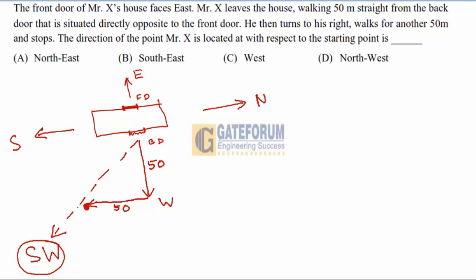That means he turns south. Oh no, this is where I make the mistake. No, no, no, no. If this is east and this is west, then this is north. My apologies. And this is south. So obviously, this would be northwest, right? Northwest would be the answer. So this is the correct answer.